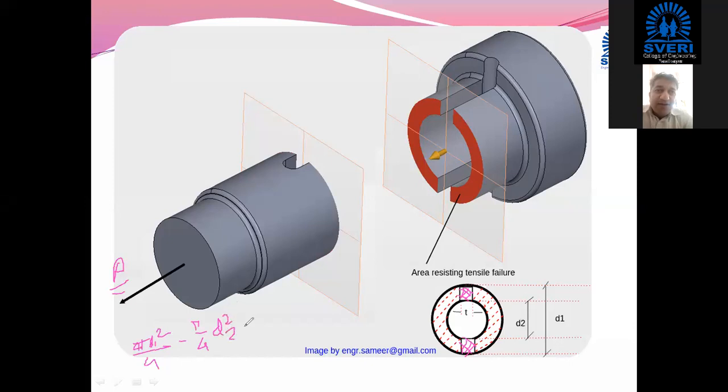But this is only the area of that circle. Now we have to subtract the area which is indicated here by pink lines. That area can be calculated by means of its width, that is t, multiplied with d1 minus d2.